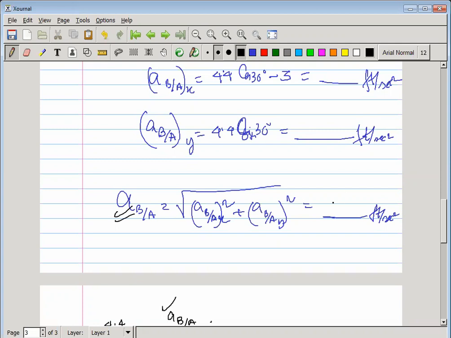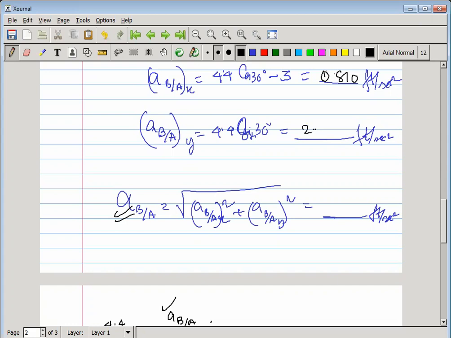Okay, let's solve this one. If it is 4.4 into cos 30 minus 3, it will come 0.81, right? It will come 0.810, and this will come 4.4 into sine 30, right?